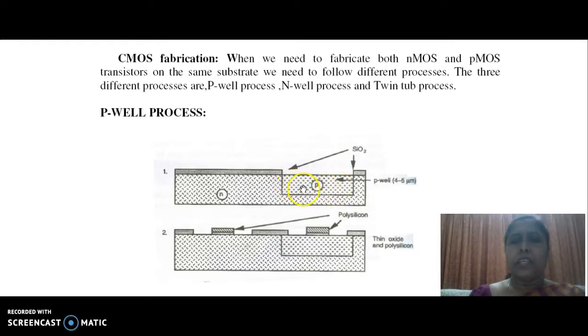When it is subjected to diffusion of P type impurities, that is boron, you create the P well. The size of the P well and the doping level will determine the resistivity of the P well. After the P well is made, you have to define the active regions of both the N MOSFET and P MOSFET.